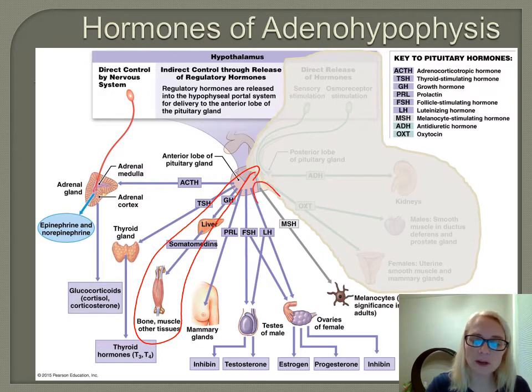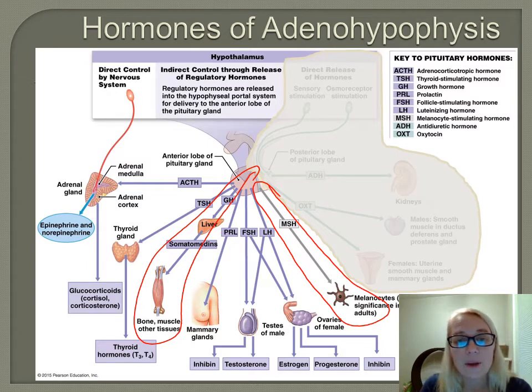And the last one comes from that middle part of the anterior lobe. It's MSH, melanocyte stimulating hormone. So remember, melanocytes are those pigment producing cells in your skin, and it increases the production of melanin. However, it is not a significant function in healthy adults.